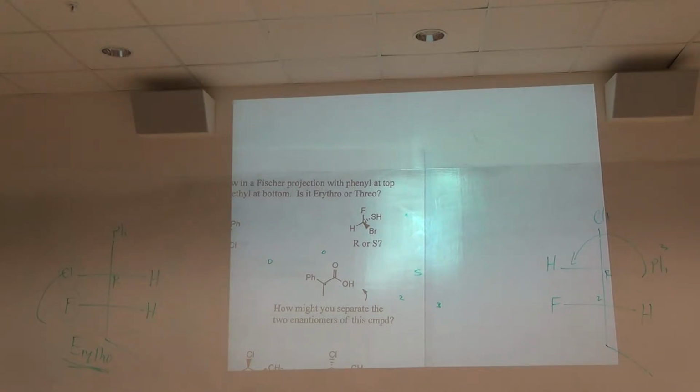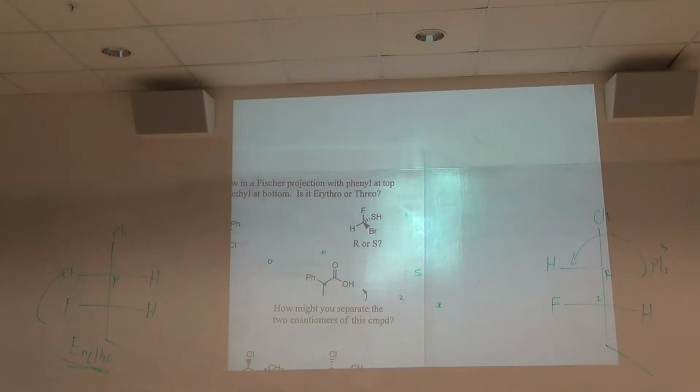How are you separating things in lab? Dissolving and then... How do you separate an impurity from your desired compound? Filtration, if the impurity is a solid and the other thing's dissolved. What's another way? Recrystallization. When you recrystallize, you're trying to separate impurities, which is one molecule, or maybe many, from another molecule, right? Can you separate enantiomers by recrystallization?